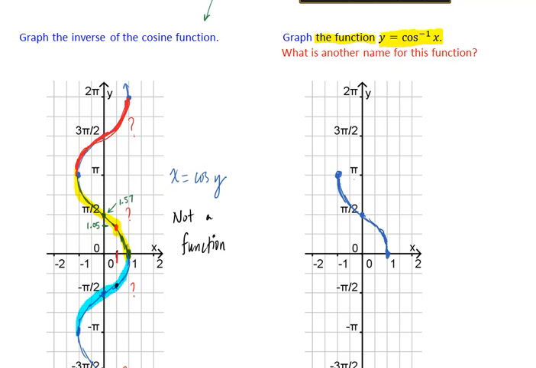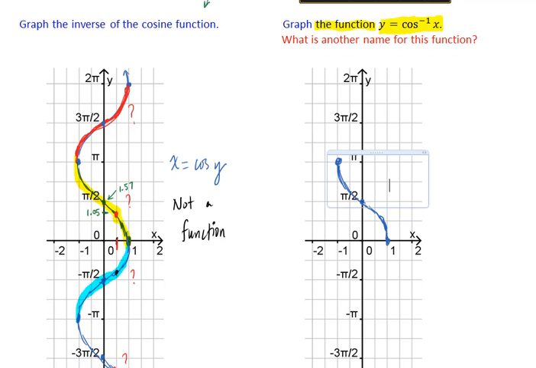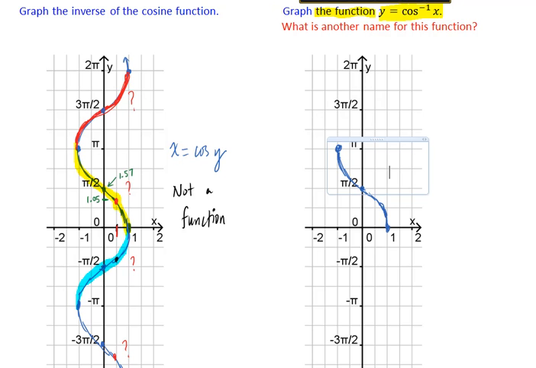Okay. So you've got it. That is the function that's programmed into your calculator and is programmed into Excel and is programmed into all kinds of math-related programs. This is the one that people use. Another name for this function, which you may or may not have seen before, is arc cos.